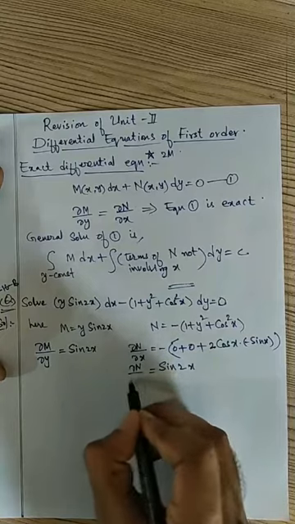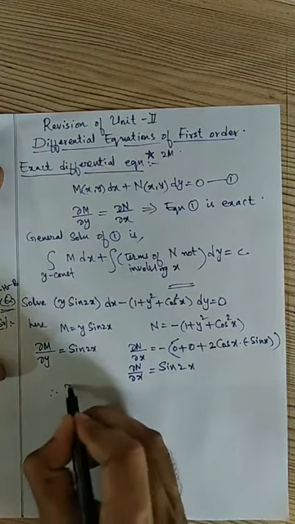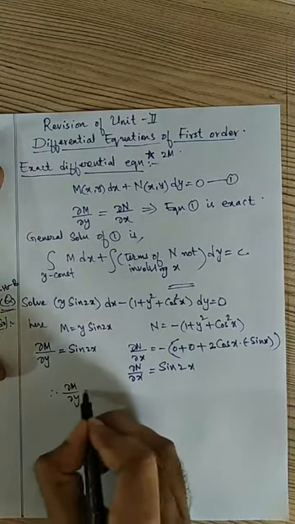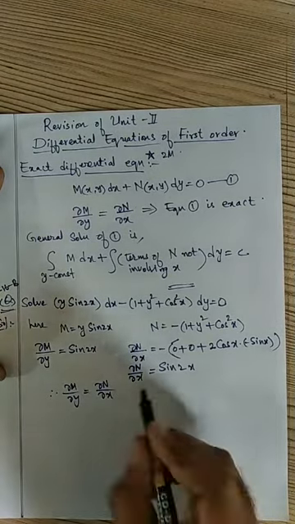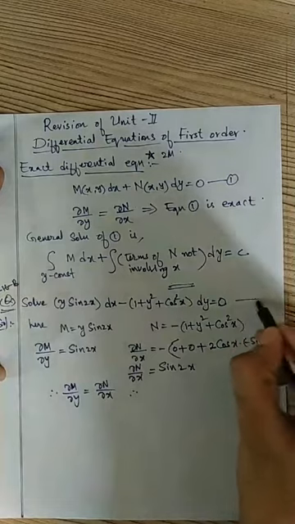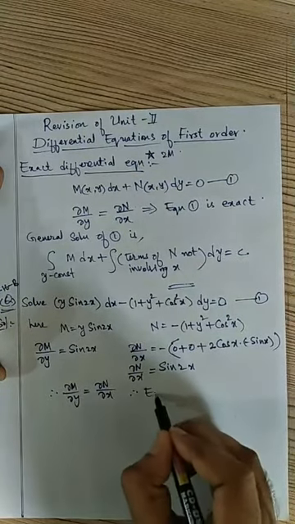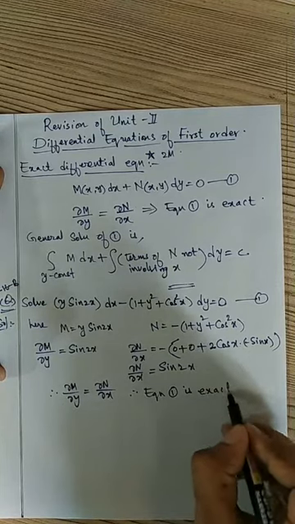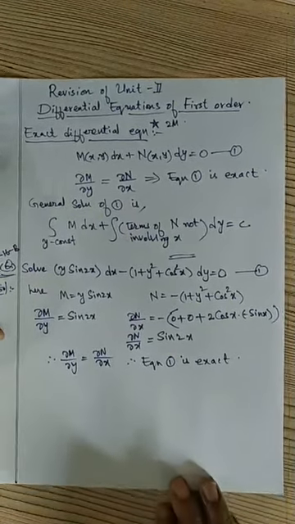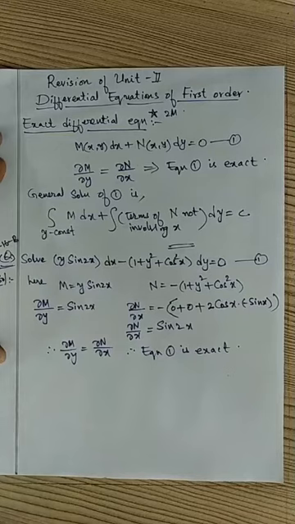Therefore ∂M/∂y = ∂N/∂x, so equation 1 is exact.